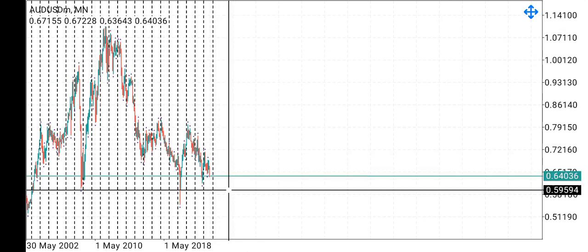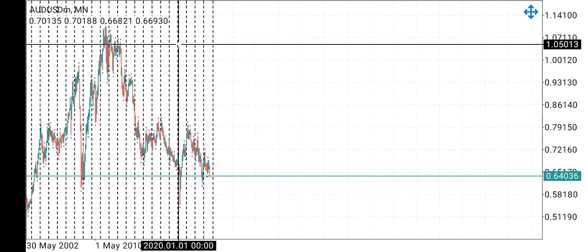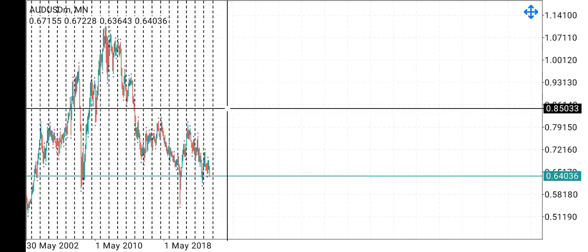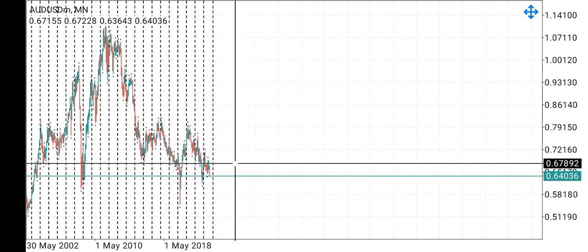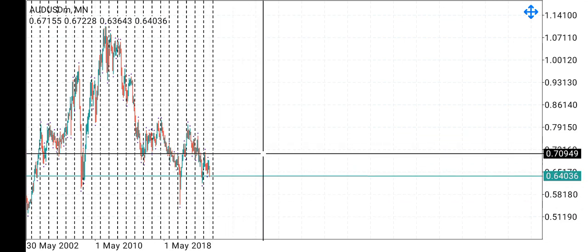So now I have a clue that on the monthly, AUD USD is bearish. That does not mean my analysis is going to be bearish or bullish, because I've not gotten any clear information.